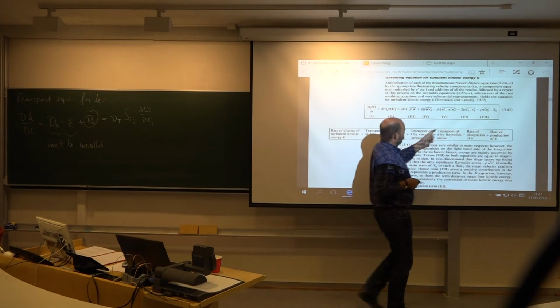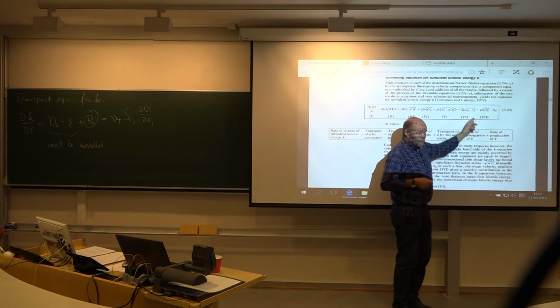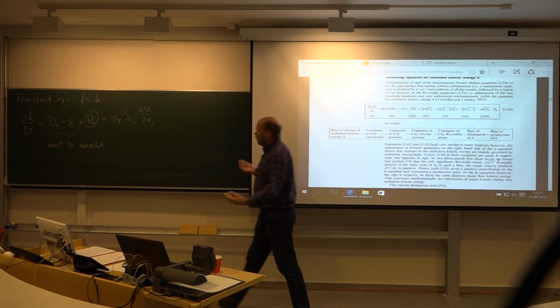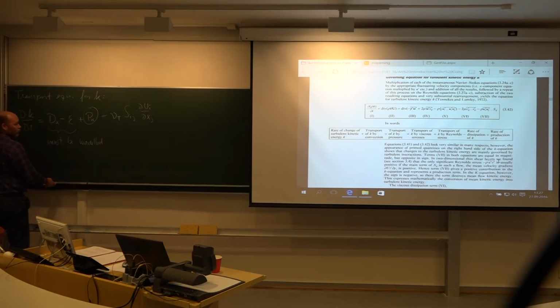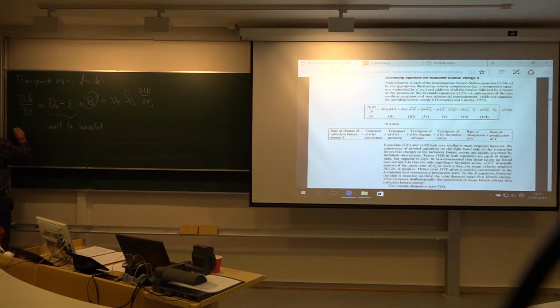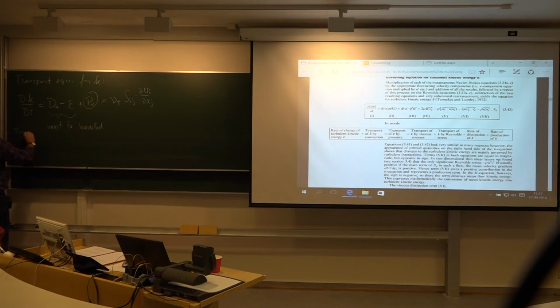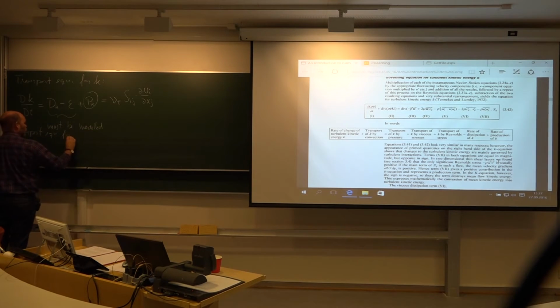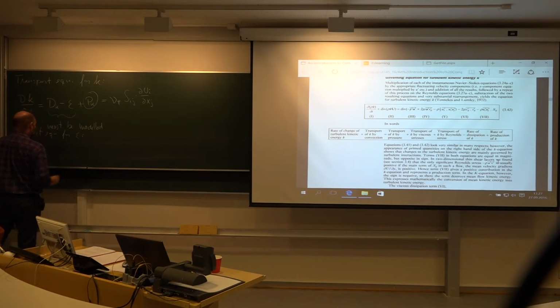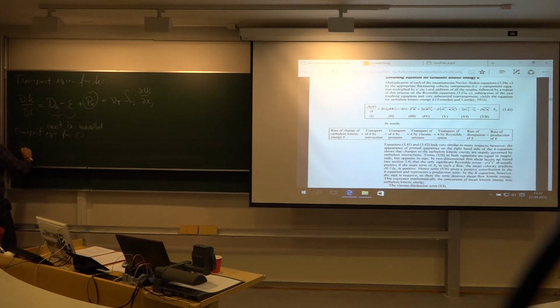So you can just forget to find it from the analytical expression. But you just write another transport equation for the dissipation. Transport equation for epsilon. Well, it will read exactly the same, total derivative equals.